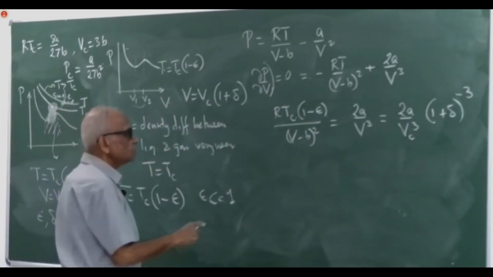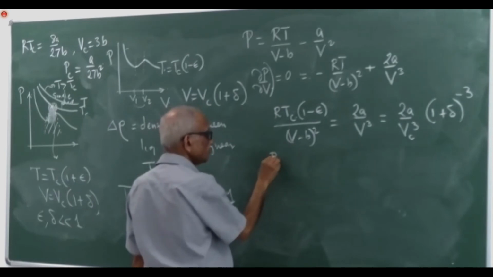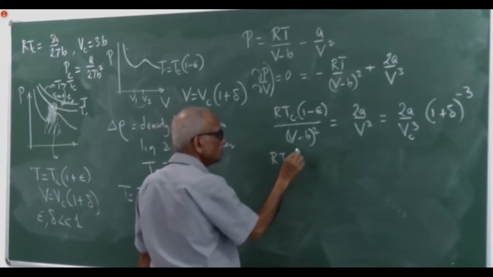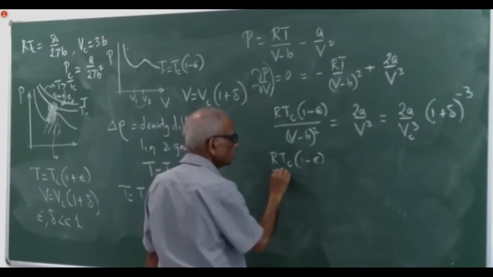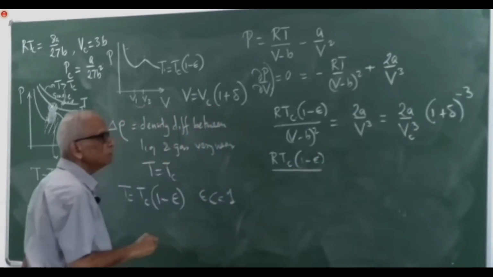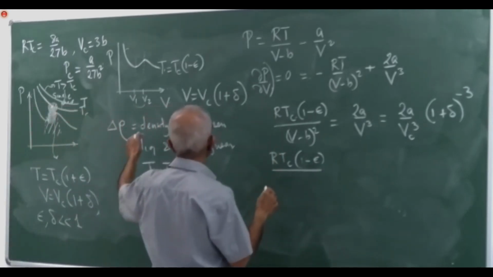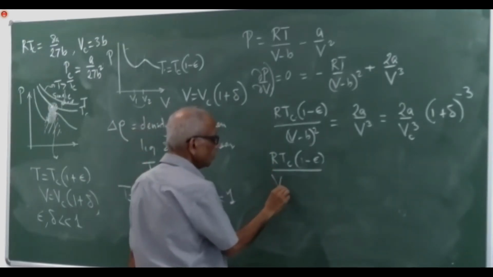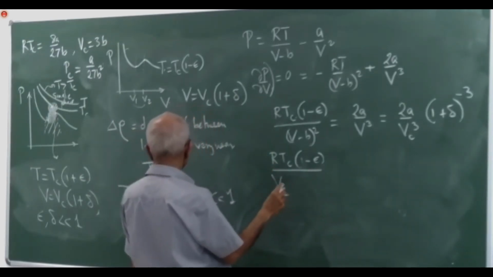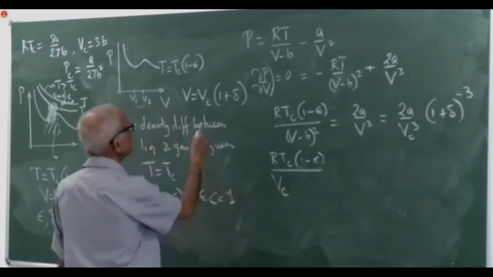And on this side over here, it is RTc into 1 minus epsilon divided by V, which is V equal to Vc into 1 plus delta.